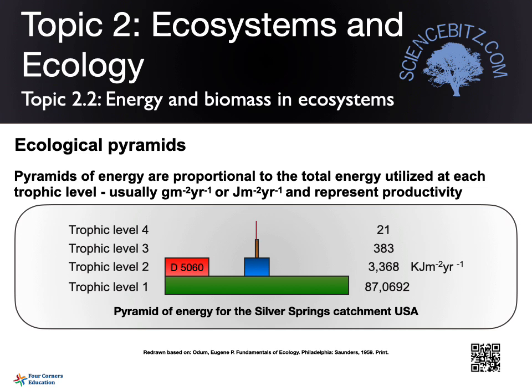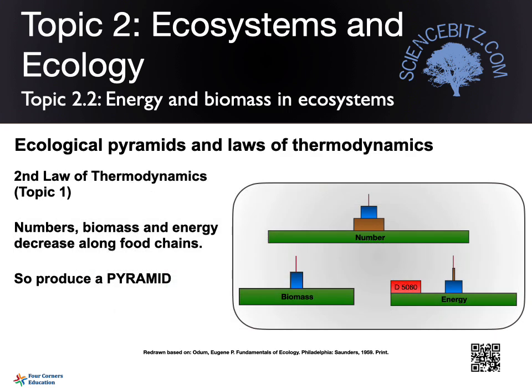Okay, so what are pyramids really showing us about energy in an ecosystem? Well, if you think back to topic 1, we looked at the second law of thermodynamics, which talks about the movement towards entropy. And what these are really showing is that the food chains show that the number, biomass and energy decrease as we go further up the food chain.